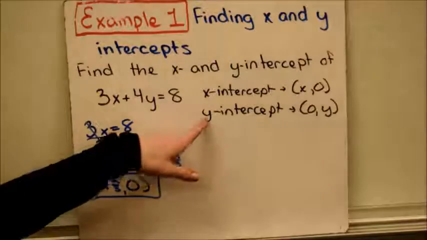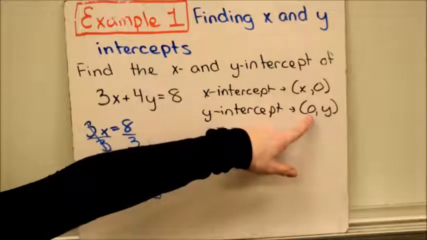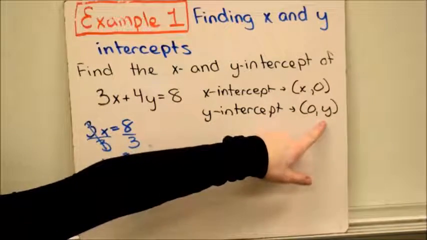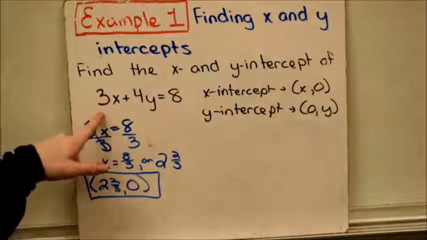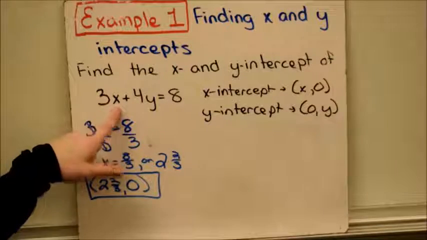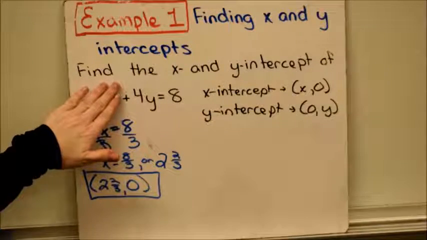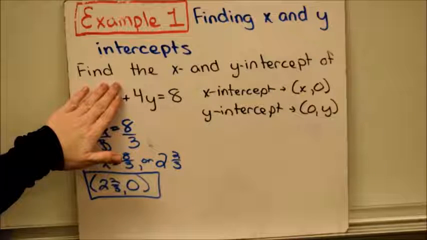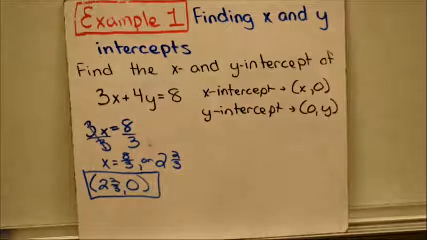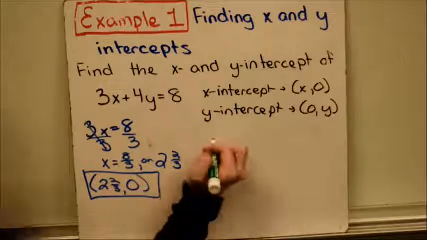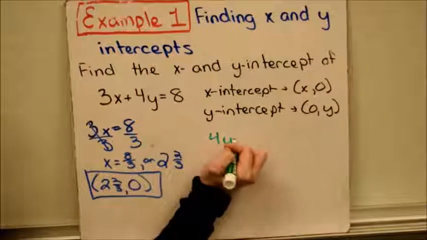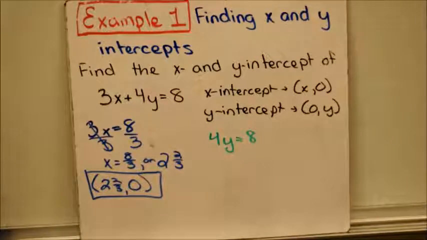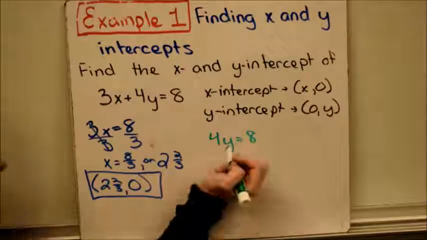So let's find our y-intercept. Same thing for y. If our x is 0, we know that any number times 0 is canceled out. So we can cover up this part and just solve for what's left. We're going to rewrite our equation as 4y equals 8. Then we're going to solve for y.